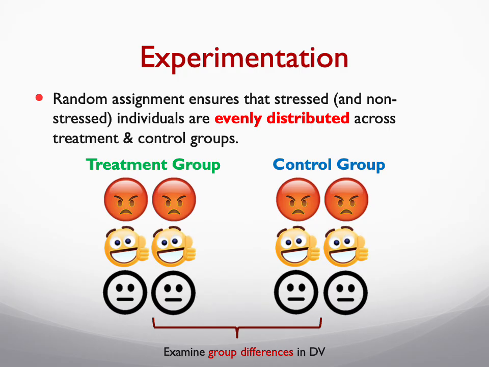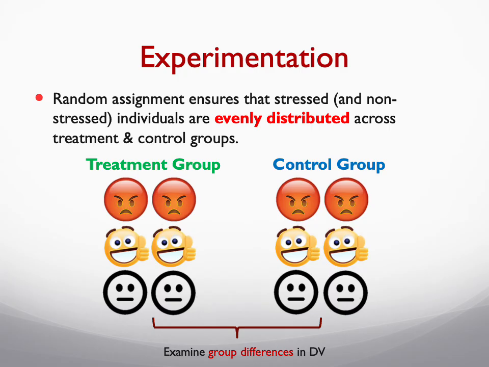So I could ask each person coming in to rate on a scale of 1 to 5, how stressed are you? And I could double check, once I've done my study, that the number of stressed people were evenly dispersed across conditions. The number of men versus women versus non-binary were evenly distributed across conditions, and so forth. So you can double check this to be sure that it works, but by and large, most of the time when you're leaving it up to random chance, it's going to work out.